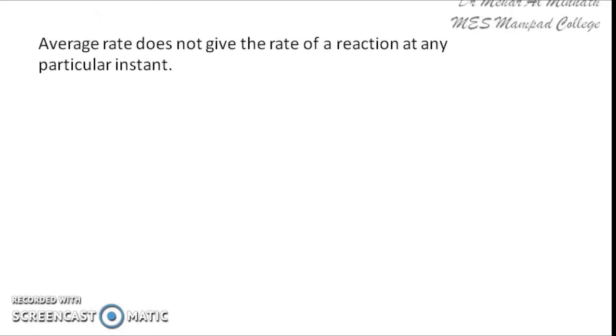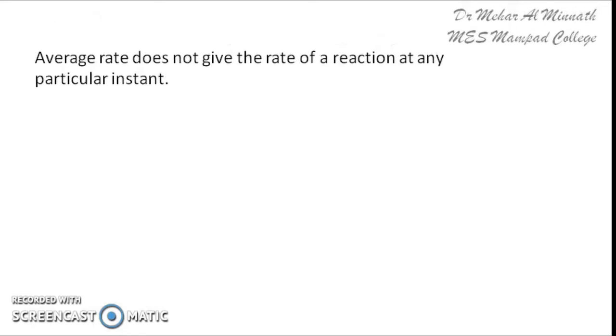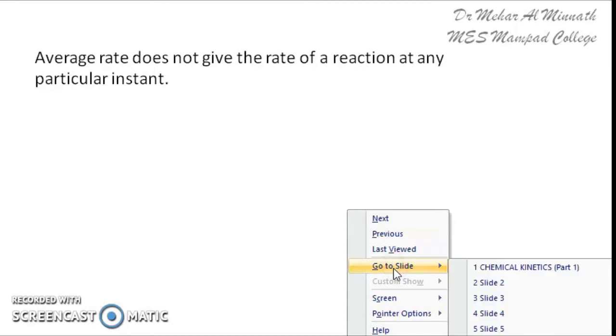Now, the average rate, as I said earlier, does not give us the rate of a reaction at a particular instant. It gives us the rate of a reaction over a long period of time, isn't it? And when we have seen the plot also, let us go to the plot once more.